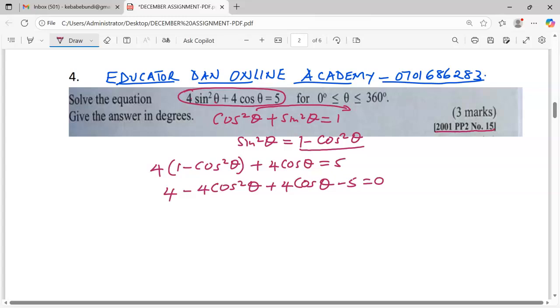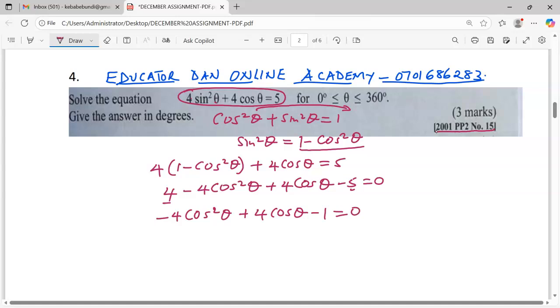Once we have done that, these 4 and 5 can be combined such that 4 minus 5 will give us minus 1. We are going to remain with minus 4 cos squared theta plus 4 cos theta minus 1, and this one is going to be equal to 0.